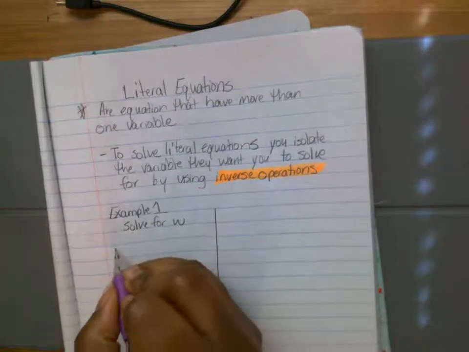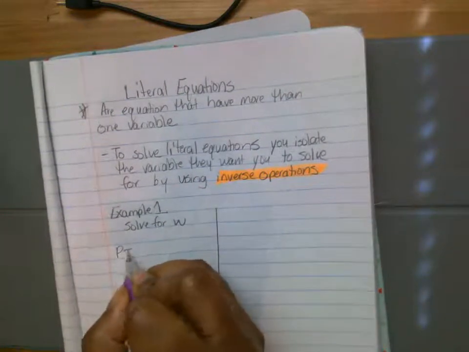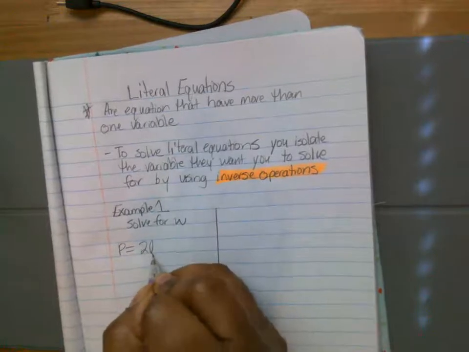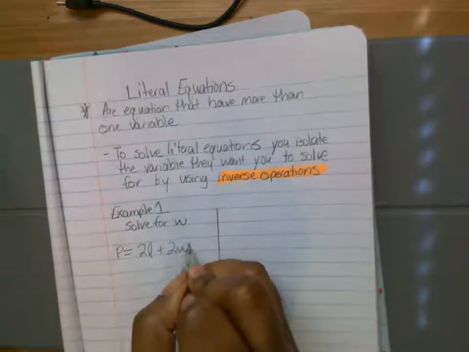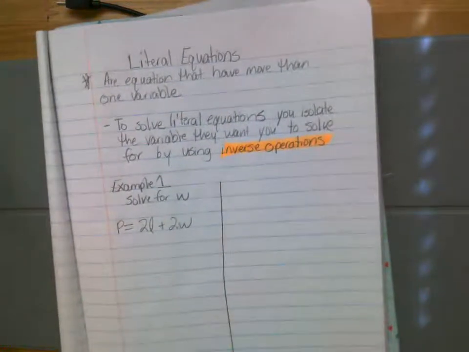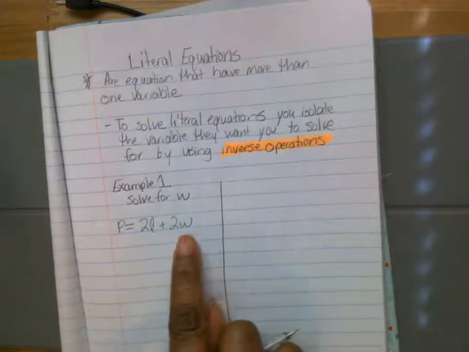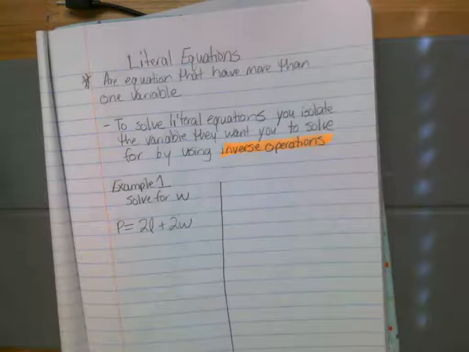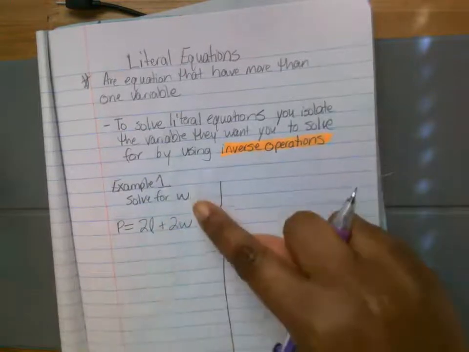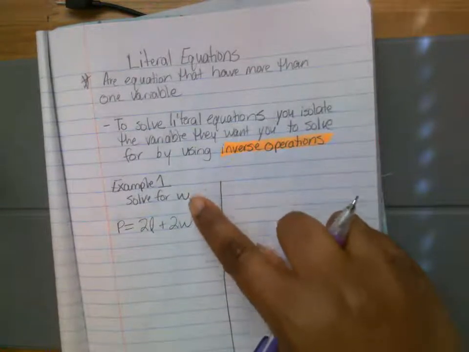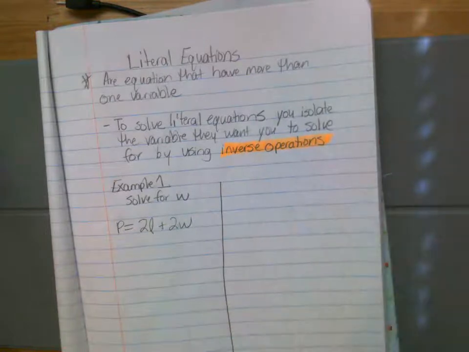This is the problem. You have P is equal to 2L plus 2W. This is actually the formula for perimeter, and you're going to solve for W, which in the formula for perimeter represents width.